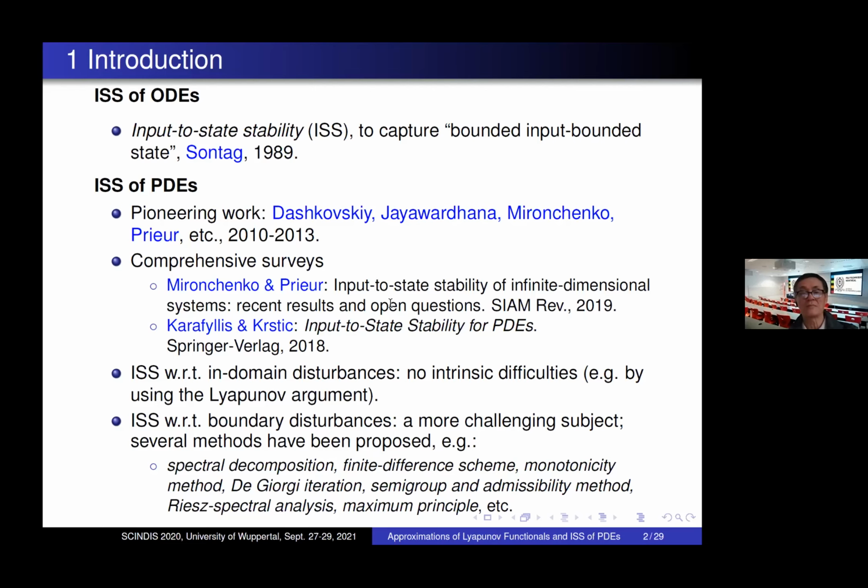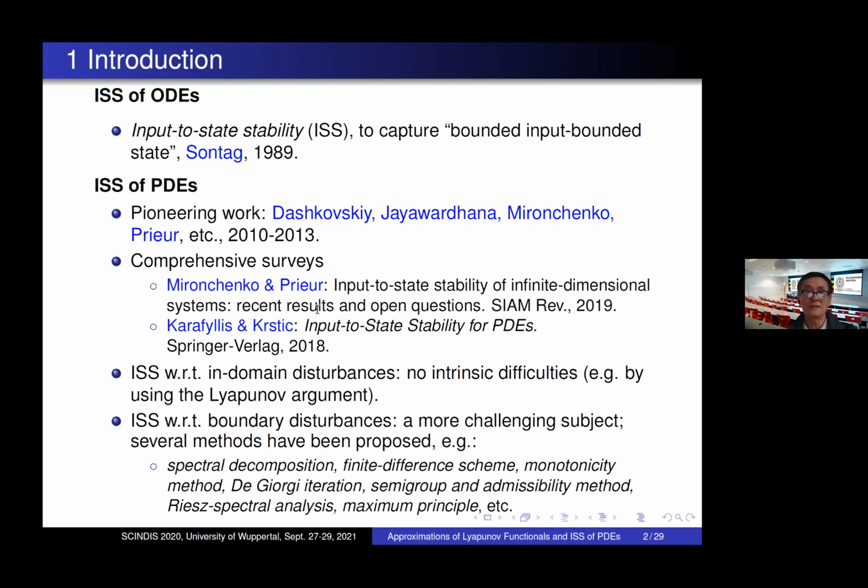We can use other methods, for example, Picard iteration to directly construct estimates, or in a more generic setup, we can use semigroups and the concept of admissibility, which has also been mentioned several times in the previous talks. And there are other methods; there are many.